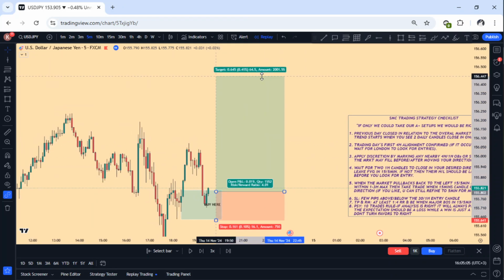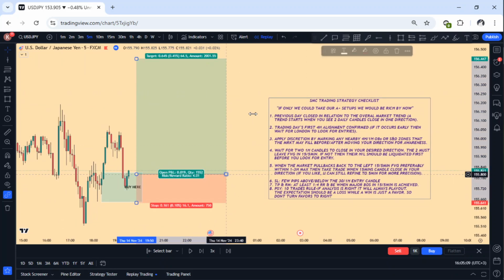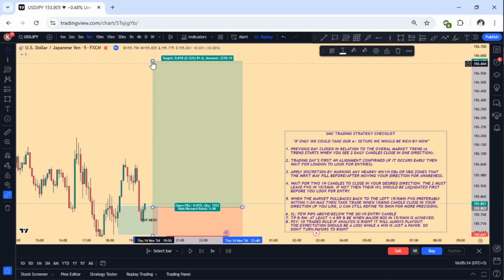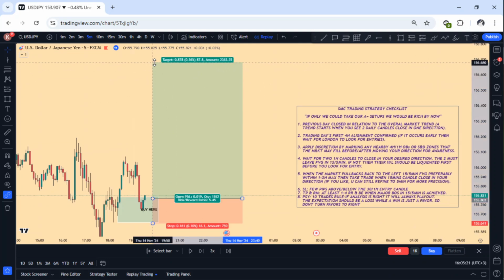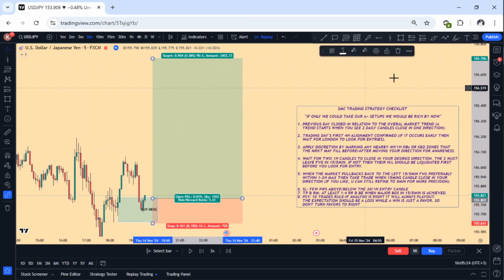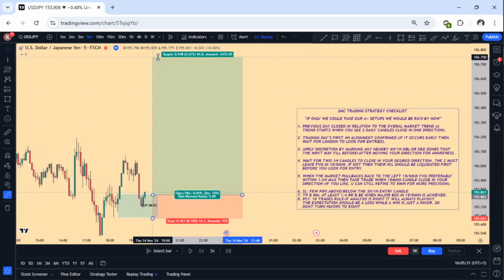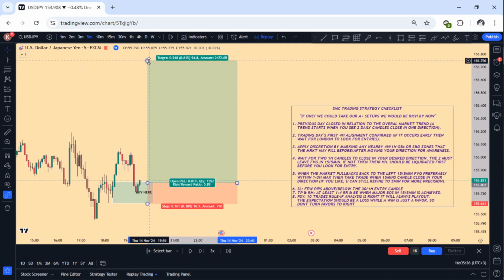1 to 4. At least a 1 to 4 is what this checklist is proposing, but sometimes I like going to 1 to 6. Some maximum I like to go to 1 to 6, sometimes 1 to 7, or if I want to get exactly 1 to 6 of my trade, I will go for 1 to 7 so that I account for things to do with spread and other charges, because as you know, if you want 1 to 3, definitely you're never going to get 1 to 3 sharp.